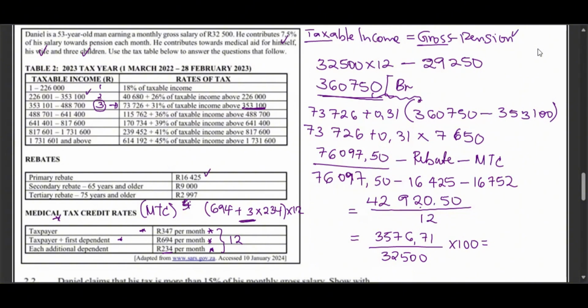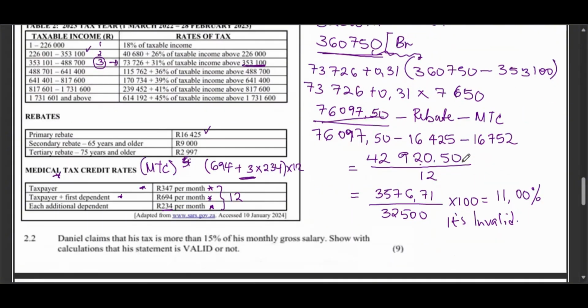Indeed, it's invalid because we end up having 11. So please don't forget to say the claim is invalid. Don't forget that. Okay, so his claim was invalid.